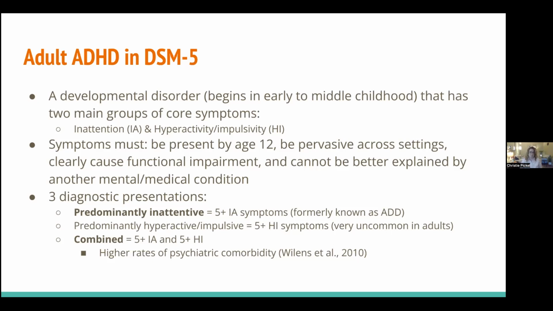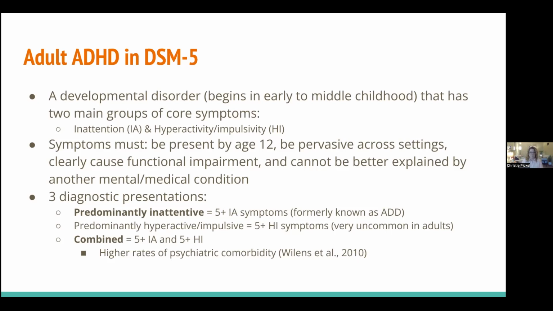Those really are a core feature of the diagnosis. So when we think about what ADHD in adults looks like, we have 2 classic presentations: predominantly inattentive, or combined presentation. Combined presentation is where you have 5 or more inattentive and 5 or more hyperactive-impulsive symptoms. So you've got significant symptoms in both.